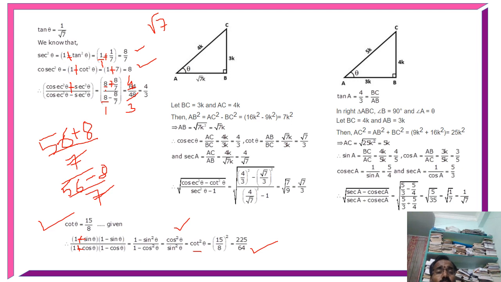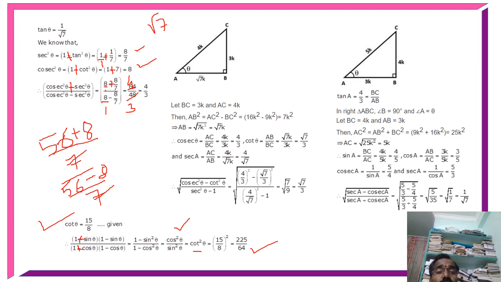Again, one more problem is given here. By using the Pythagoras theorem we can find the cosecant theta value. After that we will find the secant value. After that we'll substitute into root over cosecant square theta minus cot square theta by secant square theta.